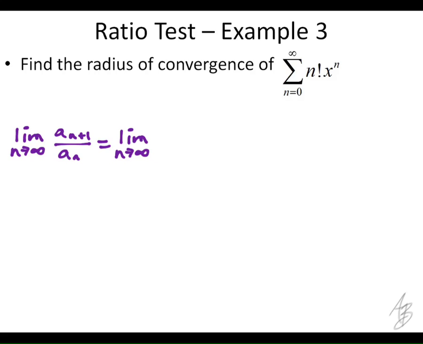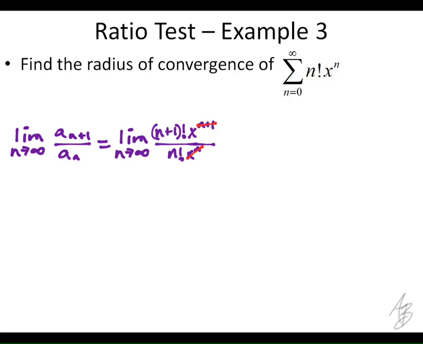So the n plus first term here is going to be what? Okay, n plus 1 factorial times x to the n plus 1 over the nth term, which is going to be n factorial times x to the n. Now, we don't actually have to multiply by the reciprocal here. This one's an easy enough one to simplify as is.